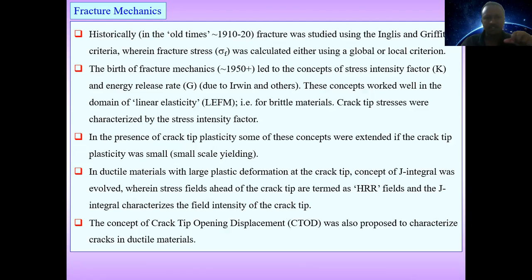The birth of modern fracture mechanics is the 1950s, when more scientists appeared and developed the framework to its current state, leading to the concept of stress intensity factor K and energy release rate G by Irwin and other scientists.